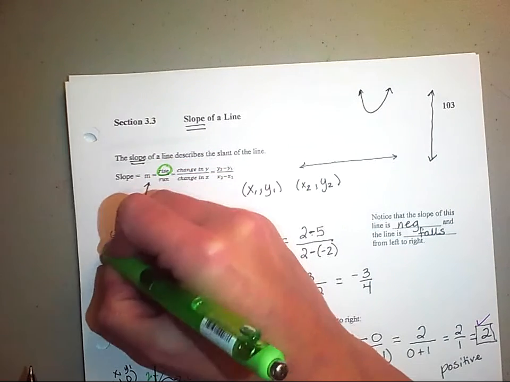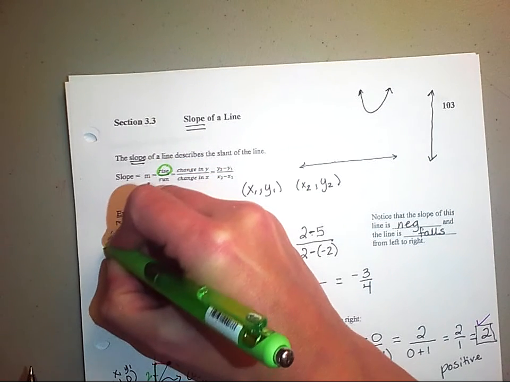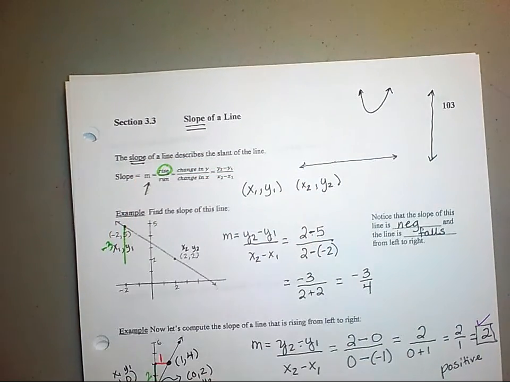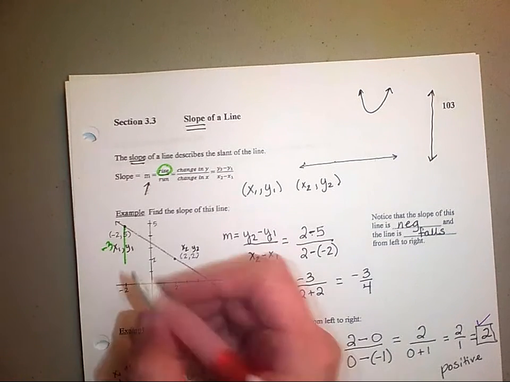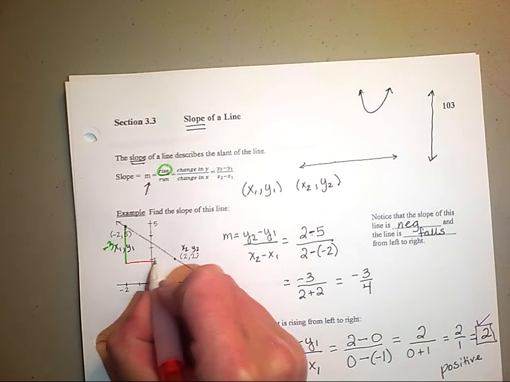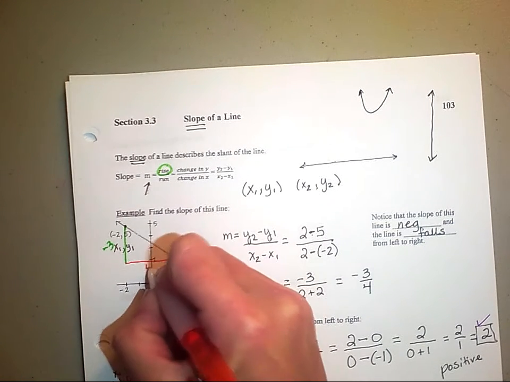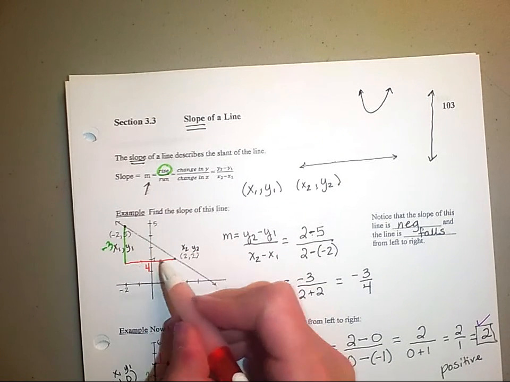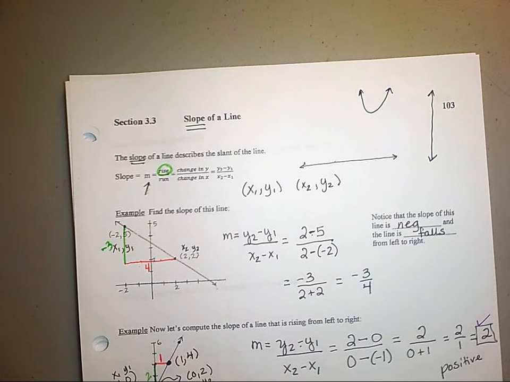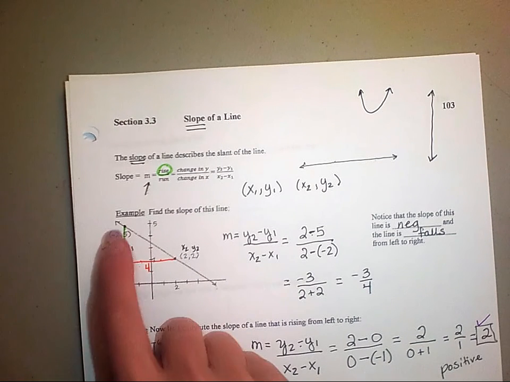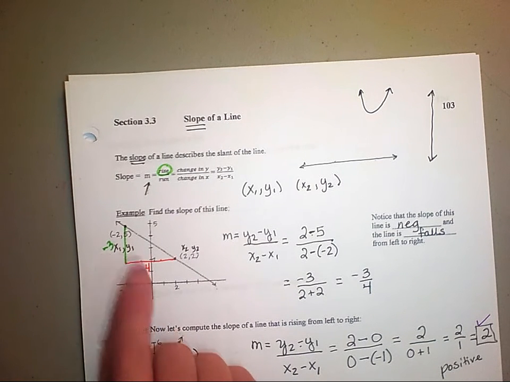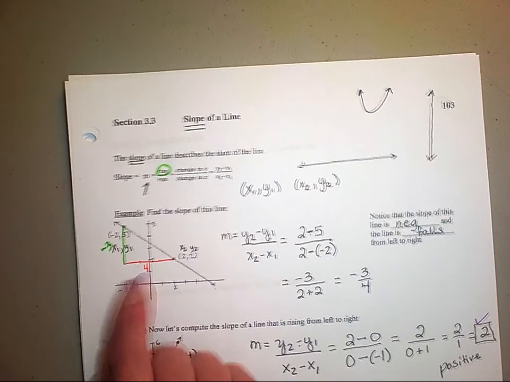Down this way, since I'm going down, I went -3 units. Now I can run this direction, heading in the positive direction, so I went over 4 units. 1, 2, 3, 4. So you can see that rise over run is -3 over 4.